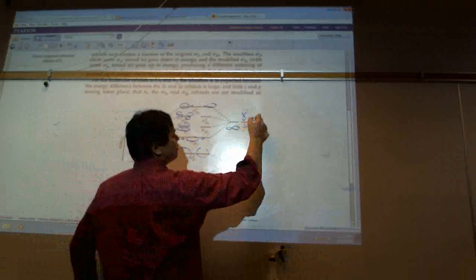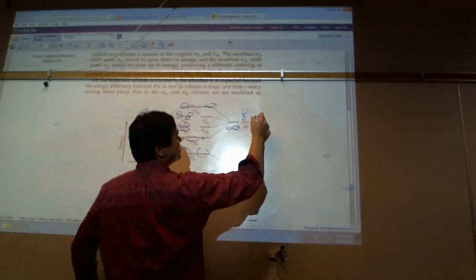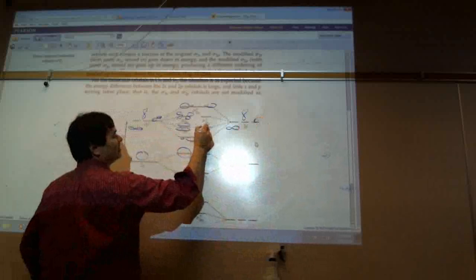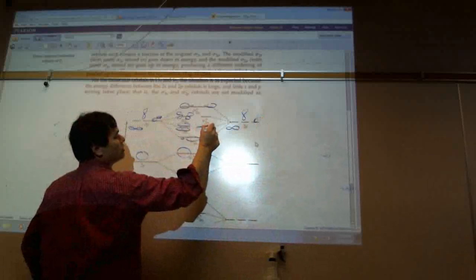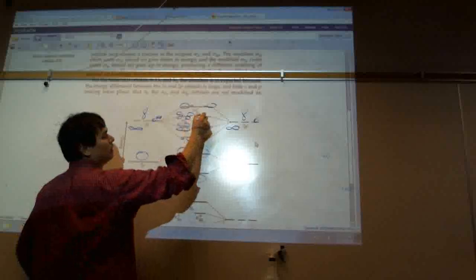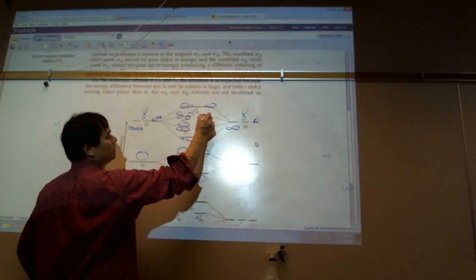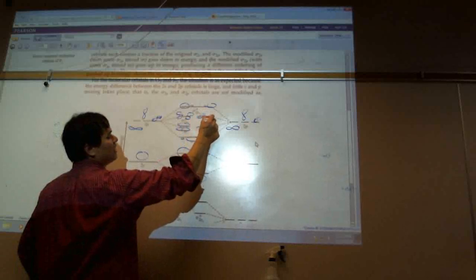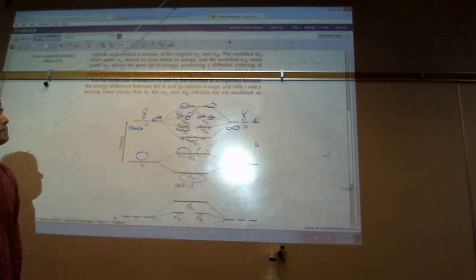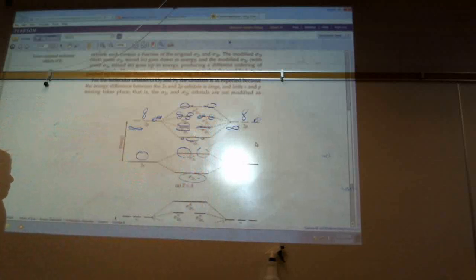Then this one comes out, one goes in. And so we're going to have one lobe that comes out and one lobe that goes in. Looks exactly like this, it's just tilted. Okay?